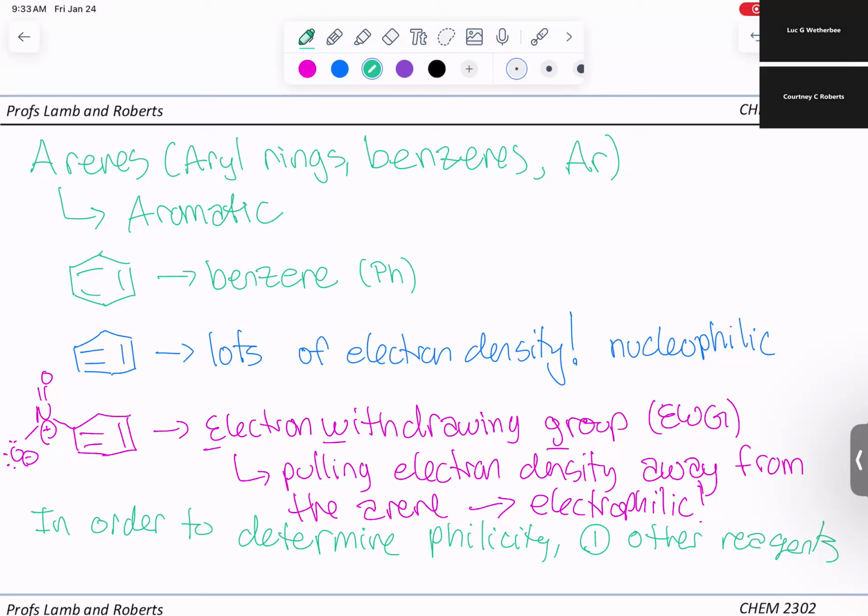We see pairs. We see an electrophile reacting with a nucleophile. We don't see two electrophiles reacting together. We don't see two nucleophiles. So we can pick up clues from the other reagents that can help us.